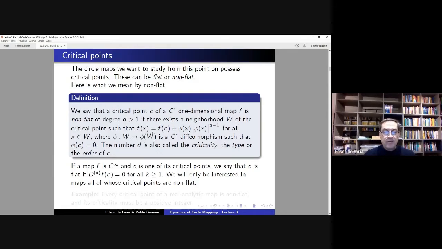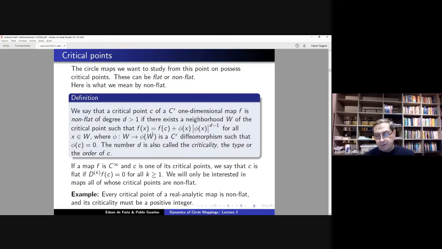Now, by contrast, we say that a critical point of a C-infinity map is flat if all derivatives at that critical point are 0. Okay. So a typical example would be if you take the function e to the minus 1 over x squared near the origin. So that has a flat critical point there at the origin. Now, of course, flat critical points cannot happen for real analytic maps, okay?